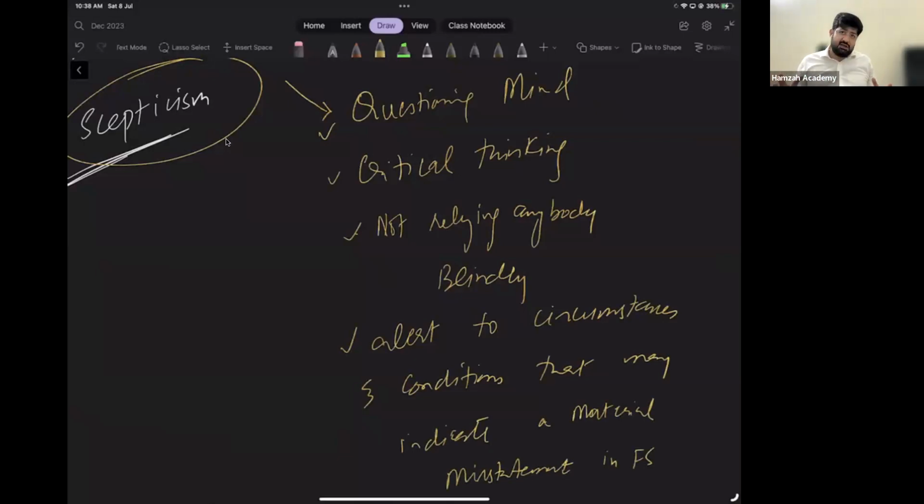I am checking everything. The information I'm getting, I should not be preoccupied by my emotions, my previous experience, my relationships. Rather, I have to be alert, just like a camera. I normally give this example.